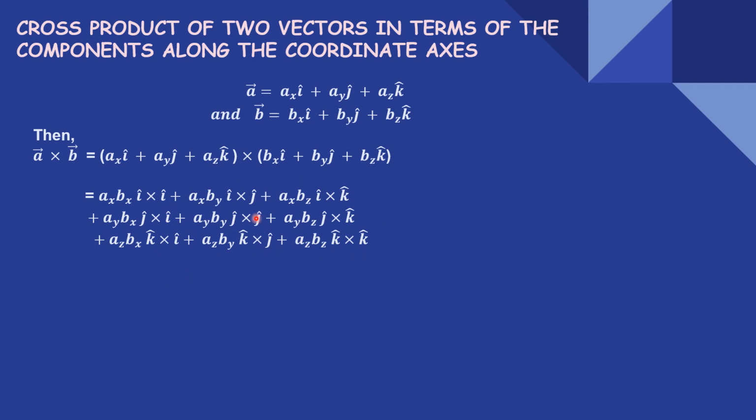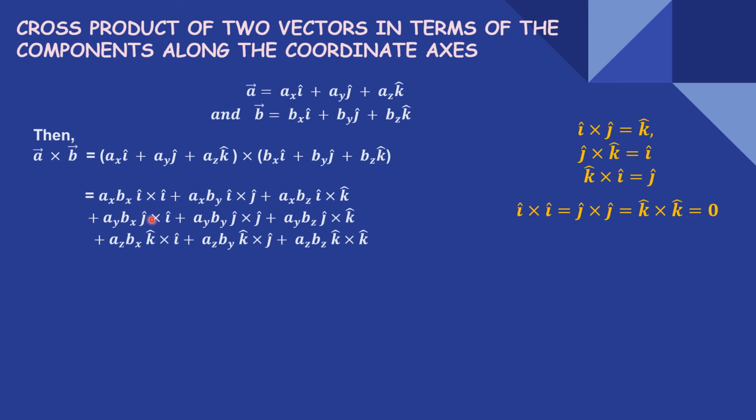Okay, so now this is simple mathematics which we know very well. Now these relations we saw in the previous slide: i cross j is equal to k, j cross k is equal to i, and k cross i is equal to j. And the vector product of a vector with itself becomes 0.